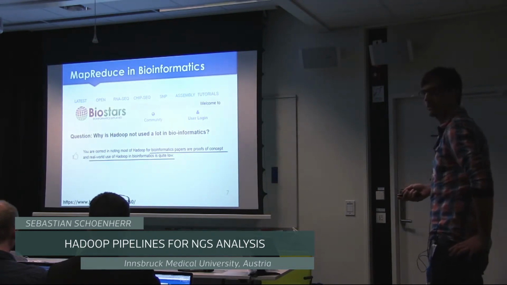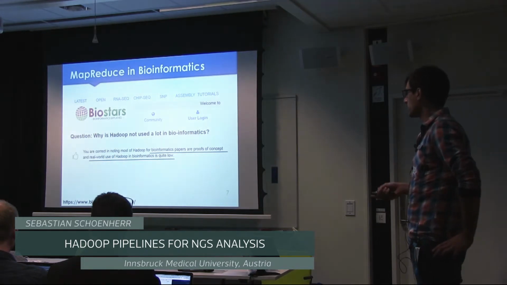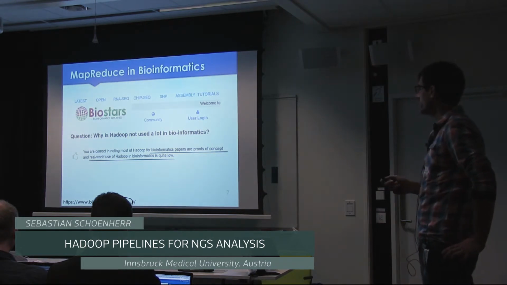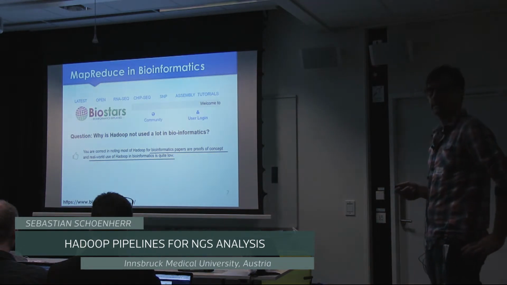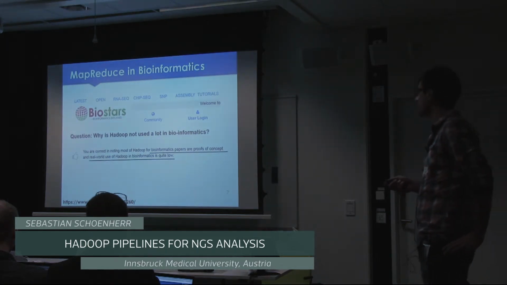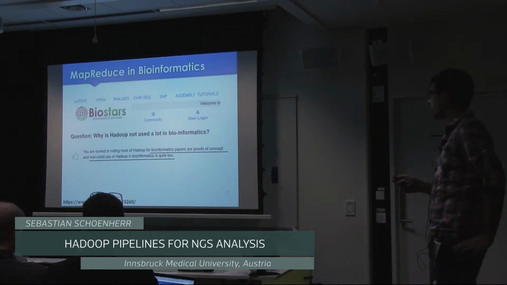But the interesting question is this one from BioStars. I think this topic is quite new. The question is, why is Hadoop not used a lot in bioinformatics? And of course, there are two sides to this. The first side says bioinformatics papers are proof of concept, and the real-world use of Hadoop is quite low.